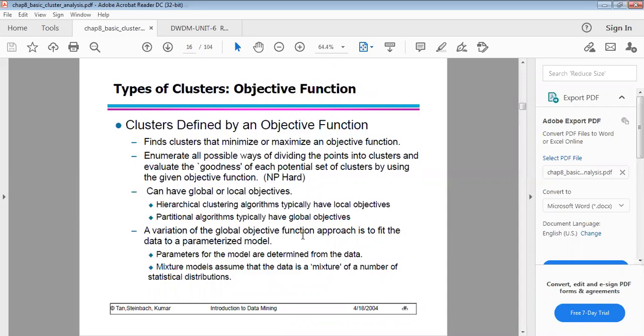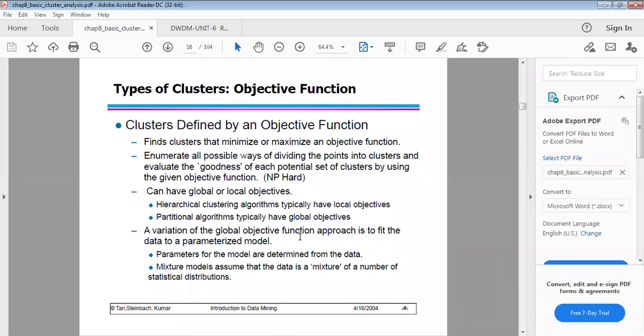Clusters defined by an objective function: find the clusters that minimize or maximize an objective function. Enumerate all possible ways of dividing the points into clusters and evaluate the goodness of each potential set of clusters using the given objective function.